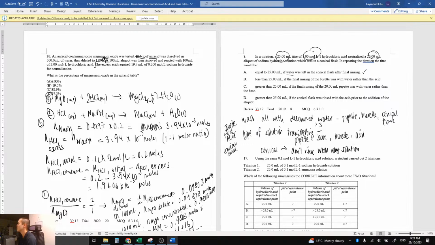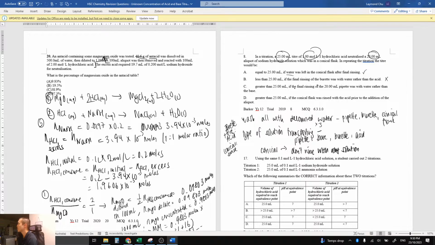Then if we decide to rinse the conical flask with the acid, we'll incorporate more acid into the conical flask and hence require less of the titer. Hope that was not too confusing. Less than 25 mils if the final rinsing of the burette was with water rather than the acid. If we rinse that with water, it would dilute the burette, and by diluting the burette, we would need more volume, so that's not correct.